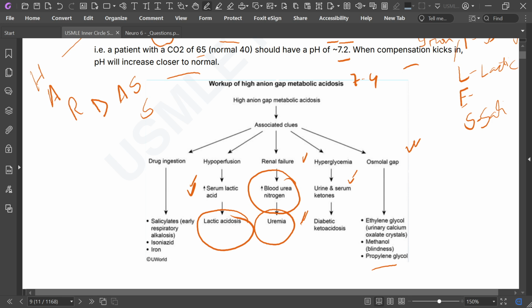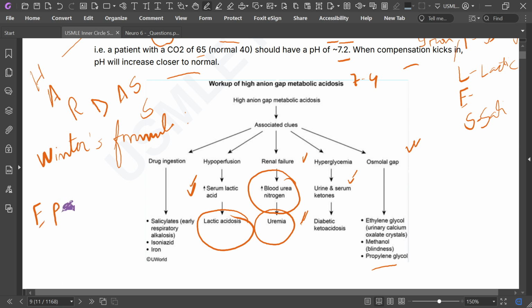Okay, for metabolic acidosis, there are some things you need to remember. First, you need to remember Winter's formula. How is Winter's formula calculated?